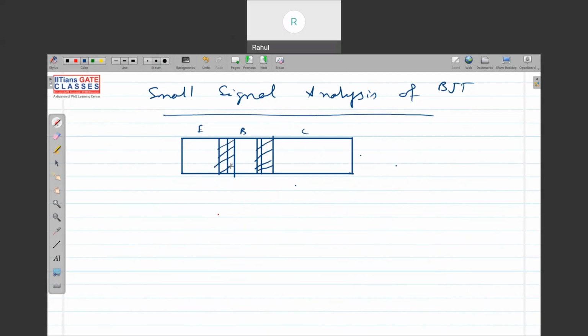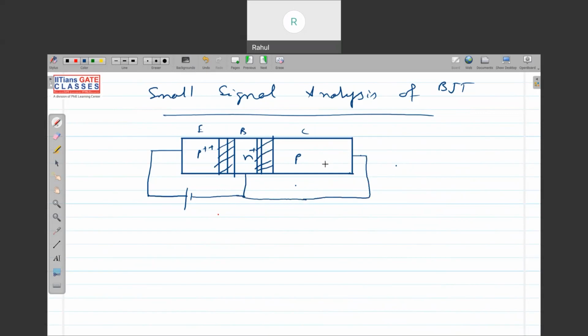Okay, so what we have seen is, suppose this is a P plus N P transistor. Okay, P plus N P, this is the doping concentration. If you apply a forward bias to the base to emitter junction, even if my collector to base junction is zero biased, a current flows, right?